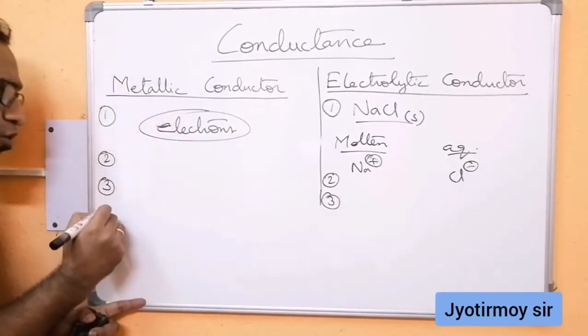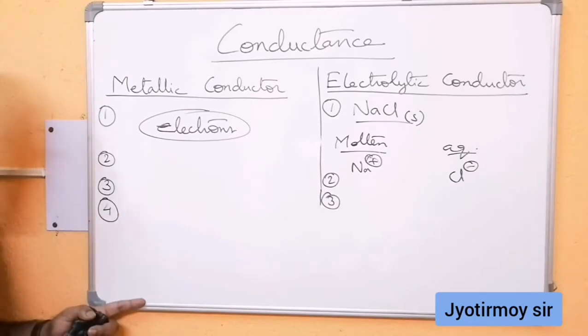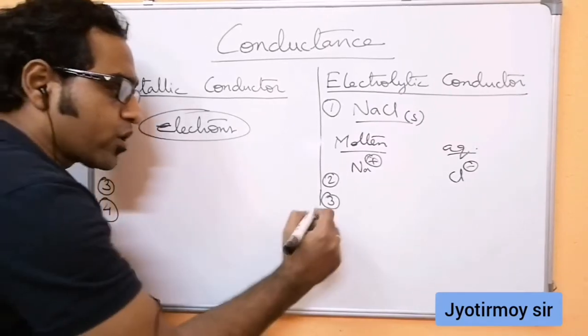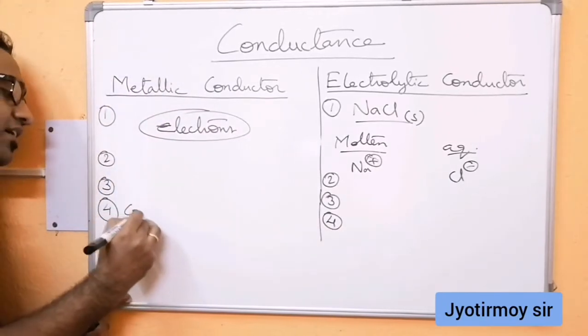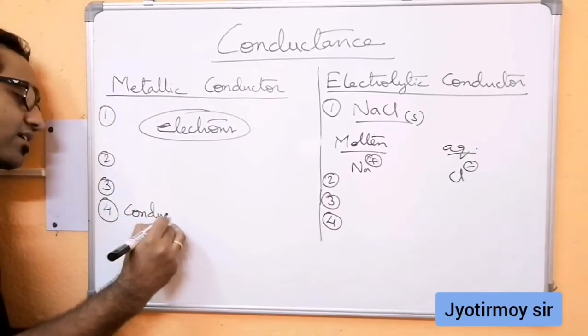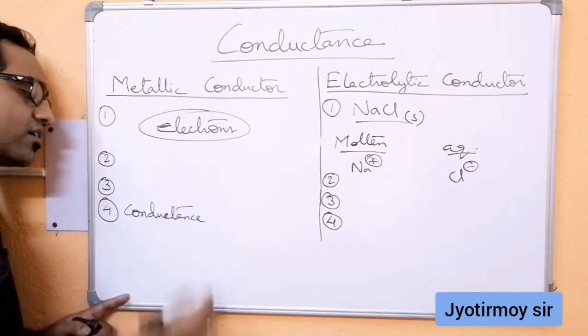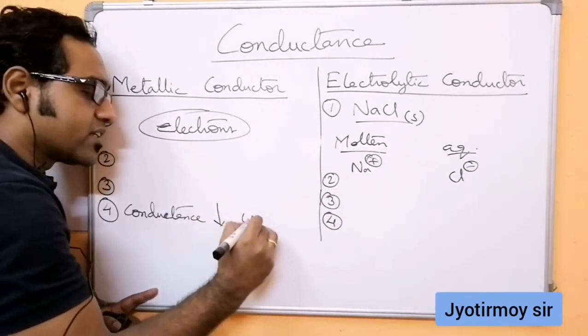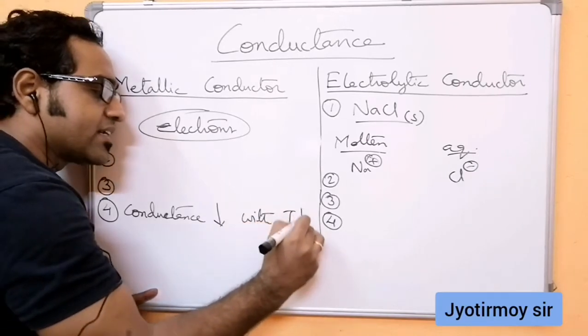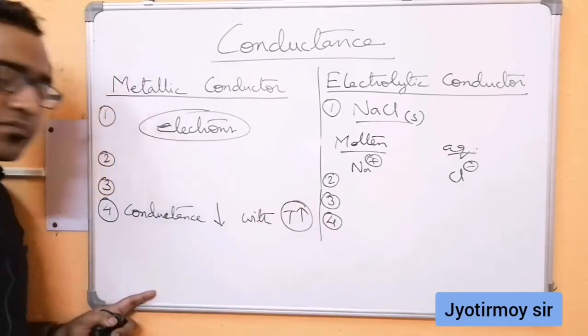Now come to the fourth point, which is the most important point: conductance. In a metallic conductor, conductance decreases with increase in temperature.